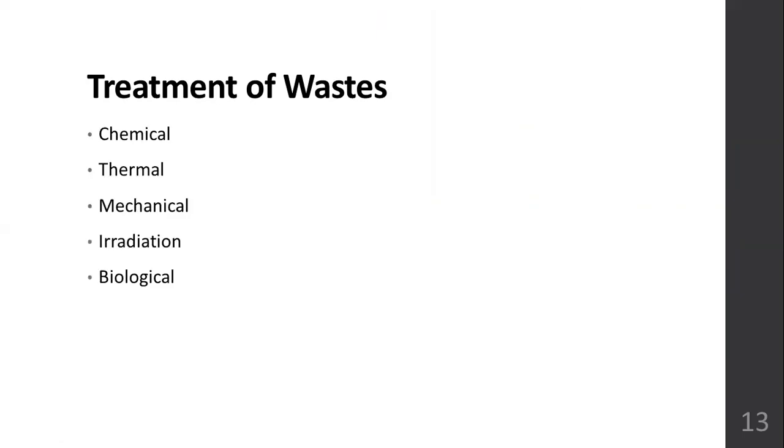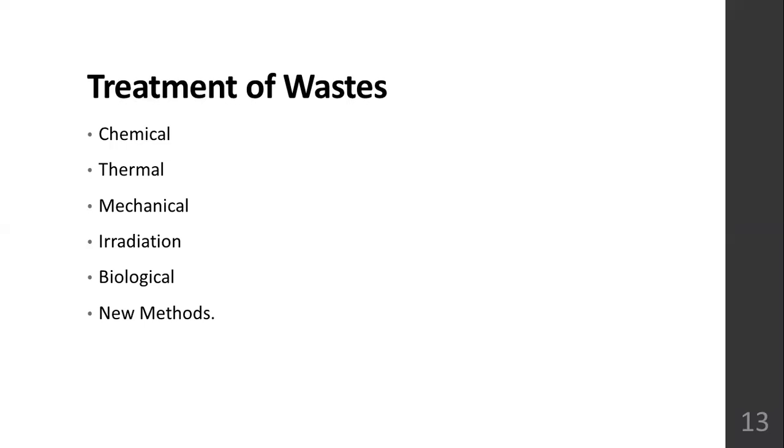Coming to the treatment of waste: chemical, thermal, mechanical, irradiation, biological, and other new methods. These are the different ways in which you can treat the biomedical waste. What do you mean by treatment of waste? A method, technique, or process that is designed to change the physical, chemical, or biological characteristics or composition of any biomedical waste so that it is non-hazardous to health or environment.